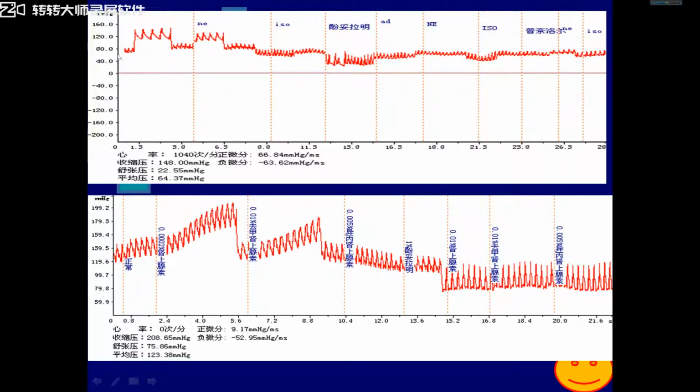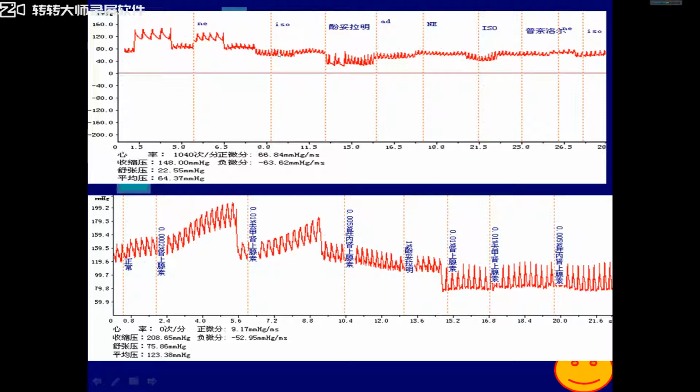Just now in the first group, we traced the normal curve, and then we gave adrenaline, and we found blood pressure increased, and then blood pressure returned to the normal baseline, and then we gave norepinephrine, which excites alpha receptors, causing vasoconstriction, and blood pressure increased.